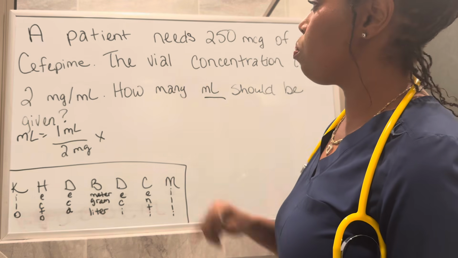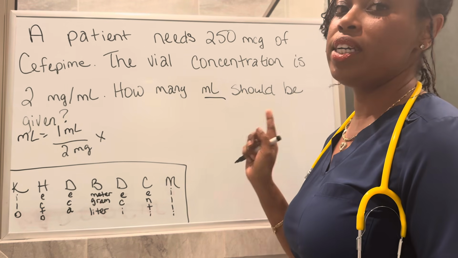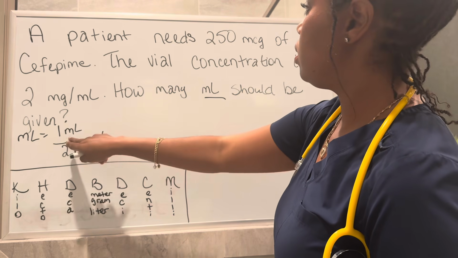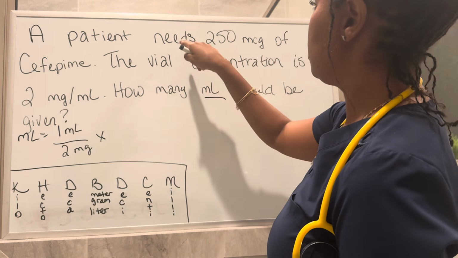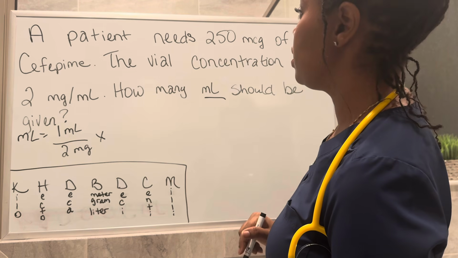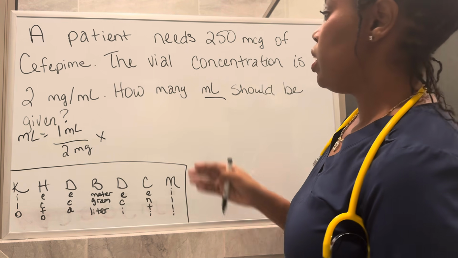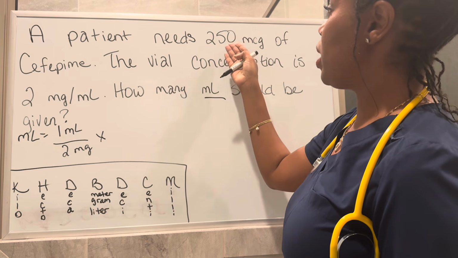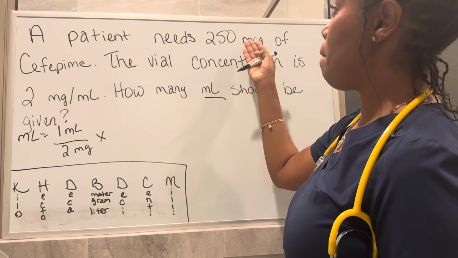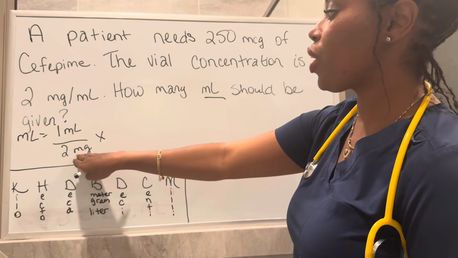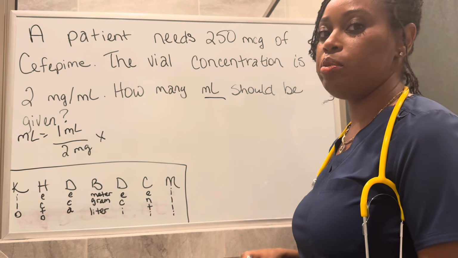Let's go back to the problem, decode it, and pull out exactly what we need. A patient needs 250 micrograms of cefepime. Now, you see here that the problem is telling us that the medication comes in micrograms, and we're trying to cross out milligrams.